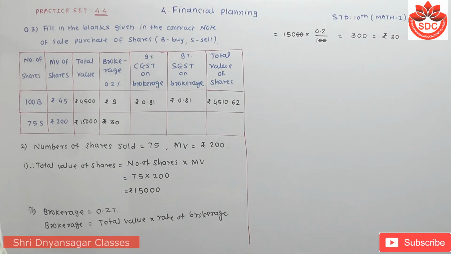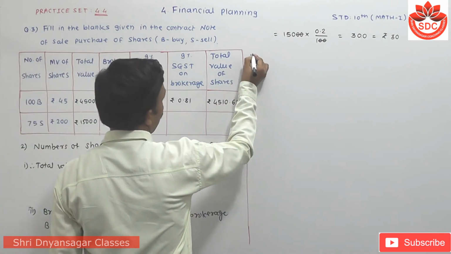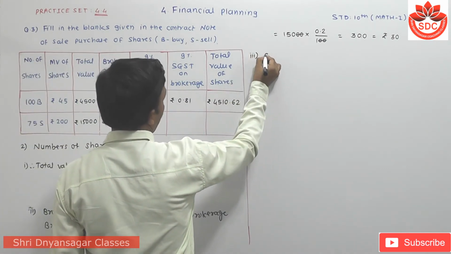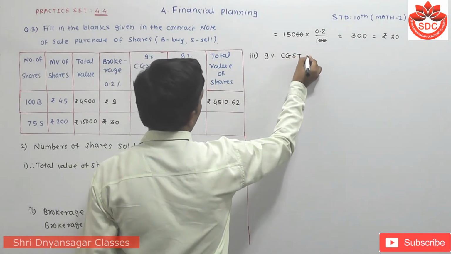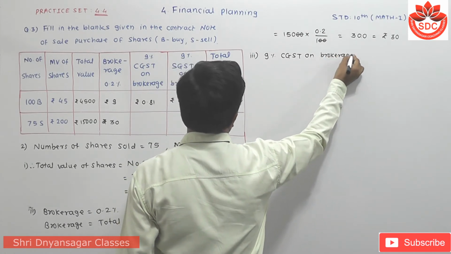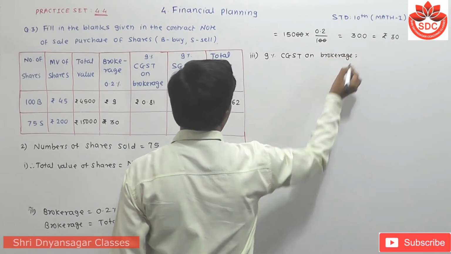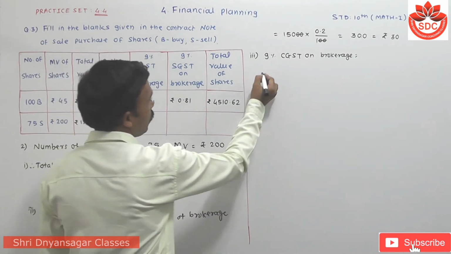Then 9% CGST on this brokerage. We have to find out 9% CGST. Third point here, 9% CGST on brokerage is equal to, now how to find out this CGST?